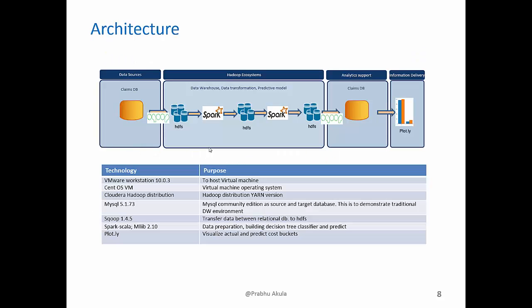So from the architecture perspective, I have loaded the data into a MySQL database. Using the Sqoop import facility, I loaded the data into the HDFS platform, and I transformed the data using Spark and Scala, and then in the later stages, I fed this data to a decision tree classifier model.